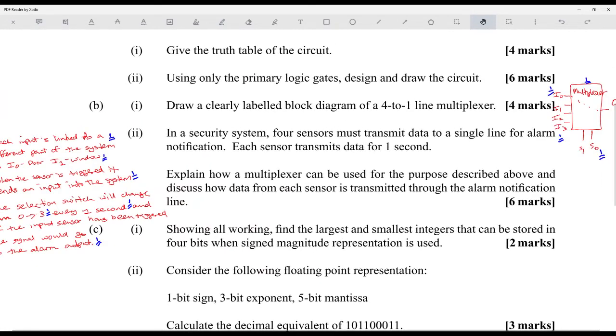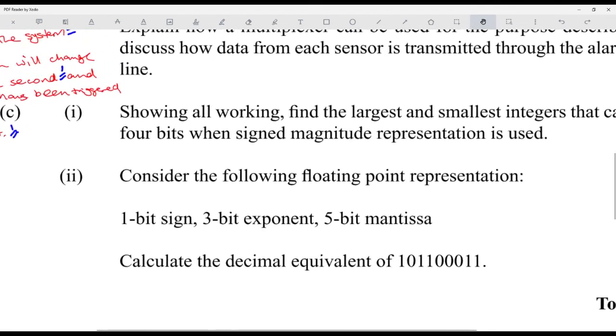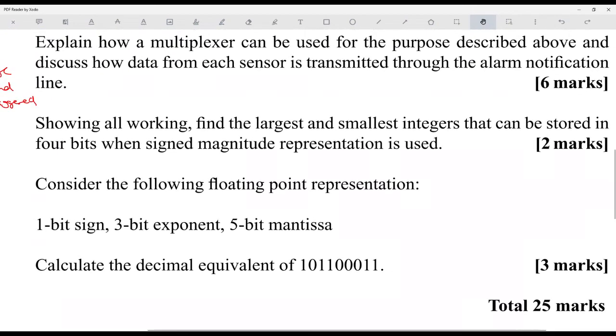Alright, next one is showing or working: find the largest and smallest integers that could be stored in 4 bits when sign and magnitude is used. Okay, well, this is kind of straightforward. With 4 bits, you have 0, 0, 0, 0, which is the representation of the number 0.